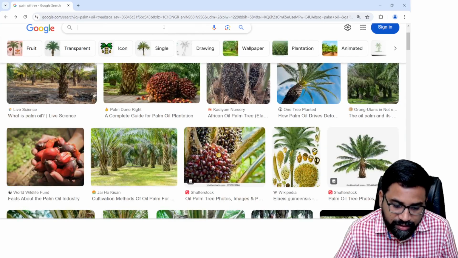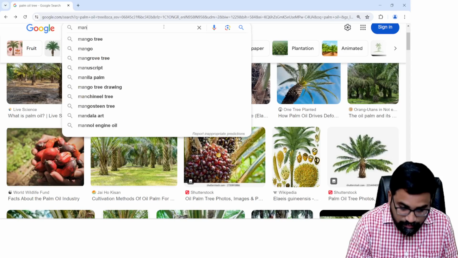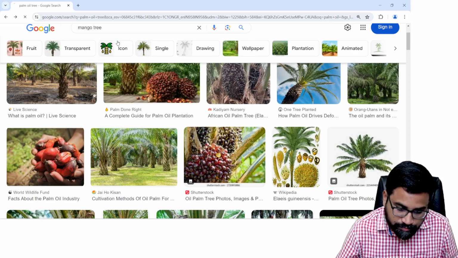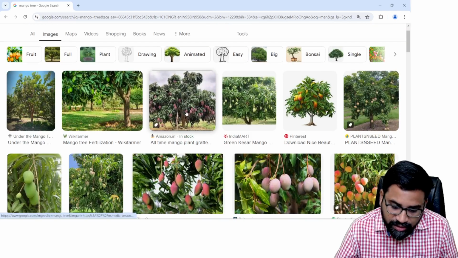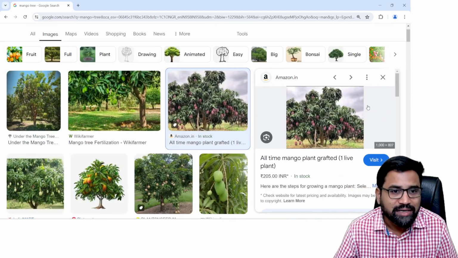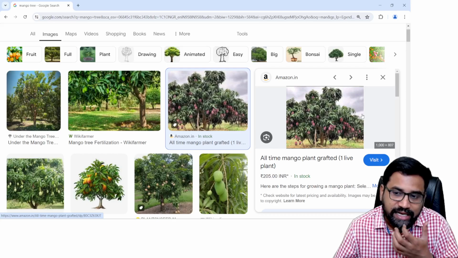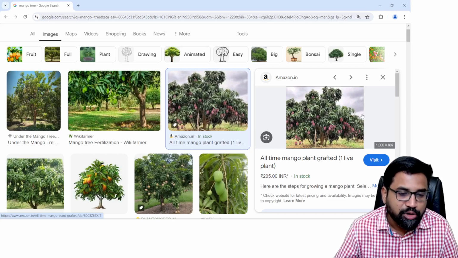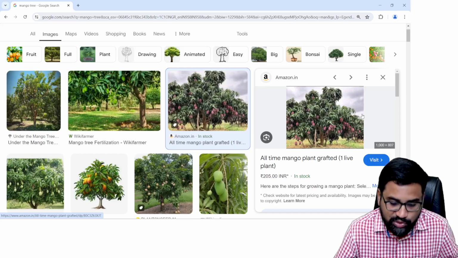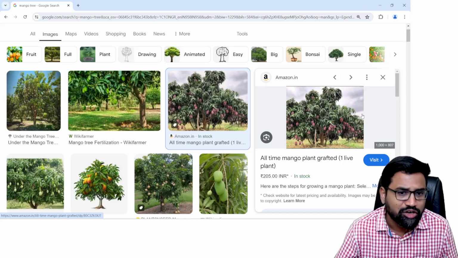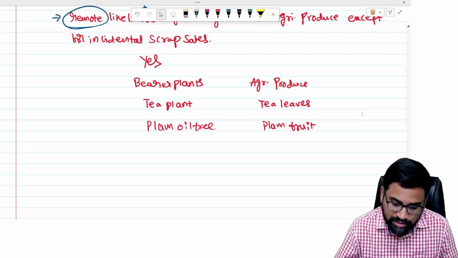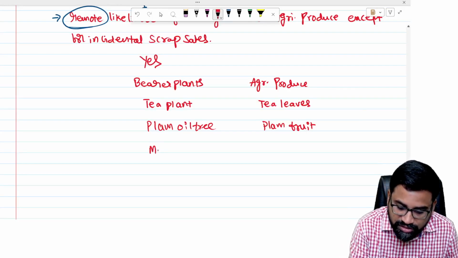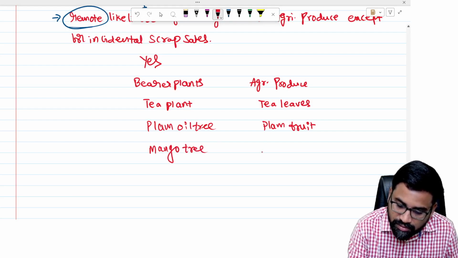So, the mango tree, definitely. The mango tree is definitely what? A bearer plant, because it is expected to bear produce for more than 12 months, with a remote likelihood of being sold as agriculture produce. Generally the mango tree will not be sold, only mangoes will be sold. So the mango tree, like this, and mangoes it will give.